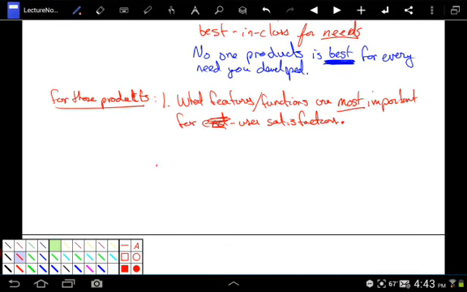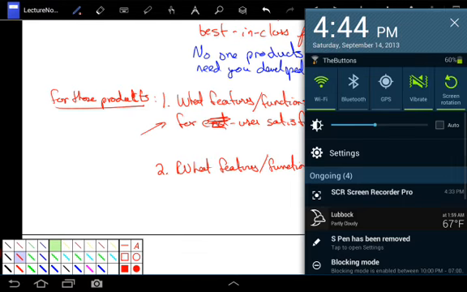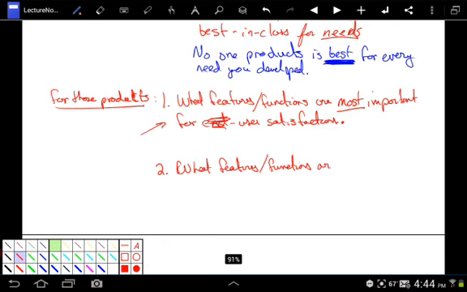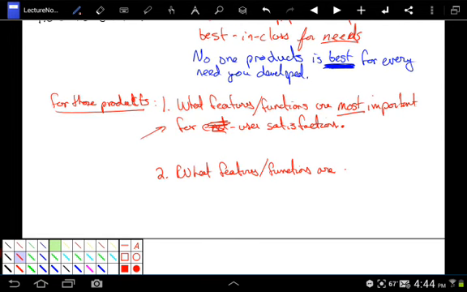In addition to that, after you've figured out needs, you're trying to figure out additional needs. Two, you're going to figure out what features and functions are most important for the technical success of the product.